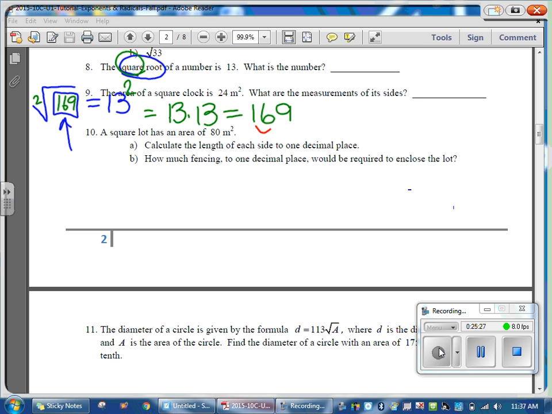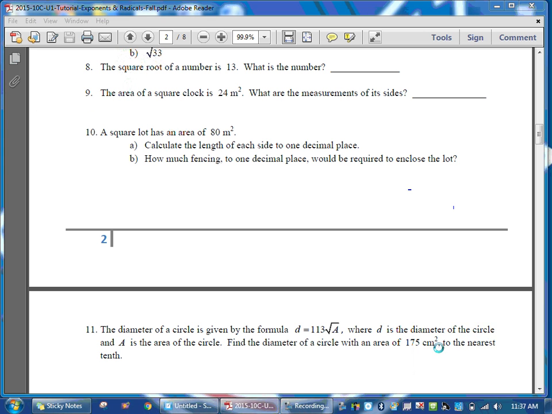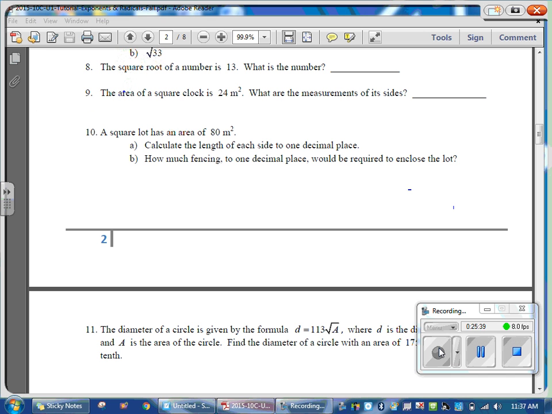So, if we take a look at that number 9 there, the area of a square block is 24 meters squared. When you know the area of something, and if it's a square, that means you need to do the opposite. You square root. So to find the side length is equal to the square root of the area.